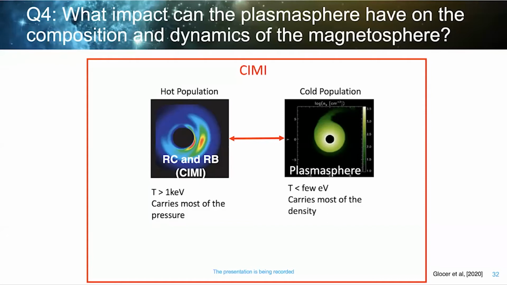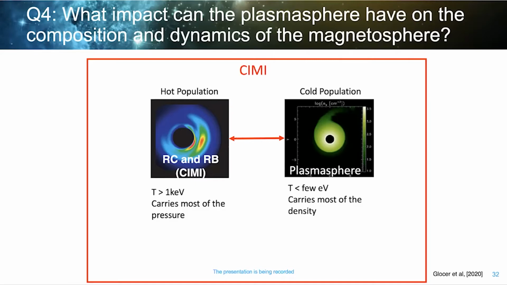So for the ring current, this is the very hot population, greater than 1 keV, and it's carrying most of the pressure in the inner magnetosphere and is very important for the force balance. On the other hand, the plasmasphere is very cold. It's less than a few eV, but it carries most of the density in the inner magnetosphere.